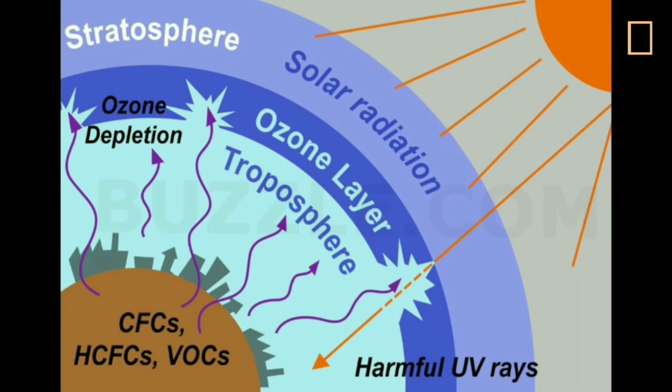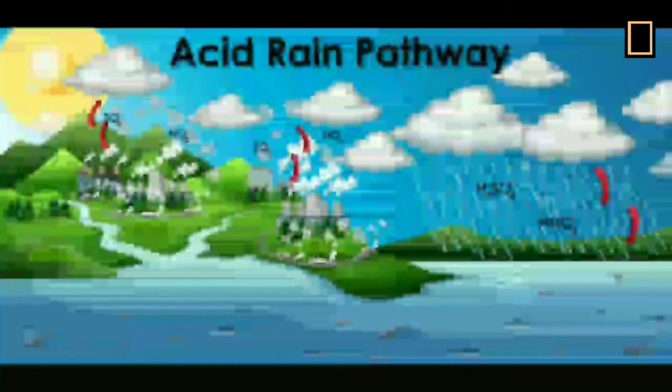Along with the natural process, other harmful gases like CFCs and HCFCs are emitted from urban areas, which cause ozone depletion in the atmosphere. As a result, harmful ultraviolet rays can penetrate our atmosphere and will increase the temperature of the Earth's surface abruptly, and that will be intolerable for mankind.